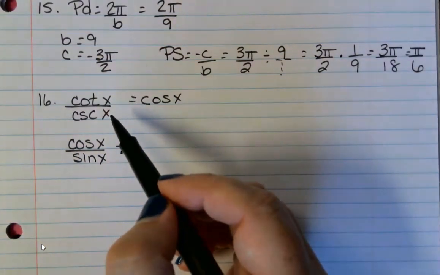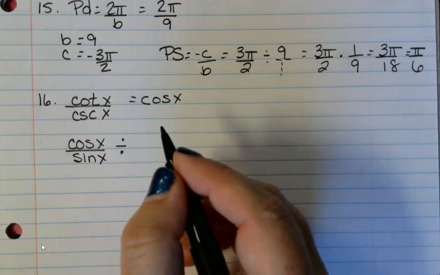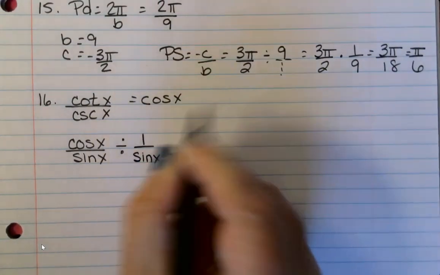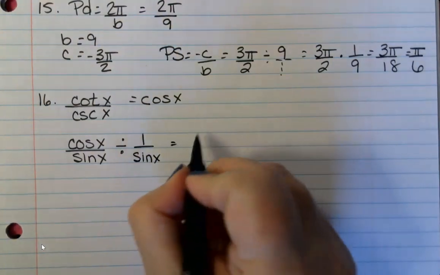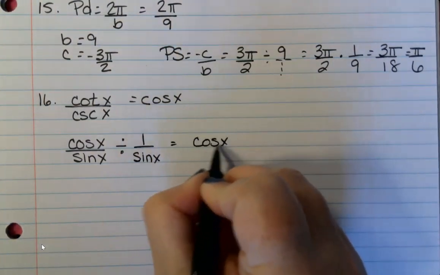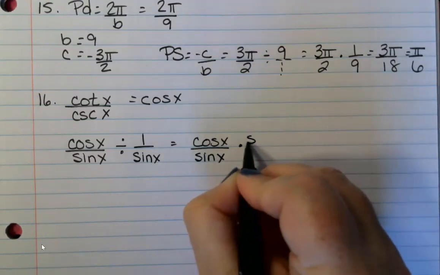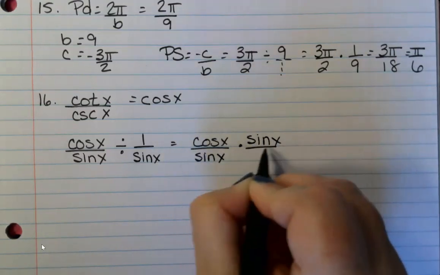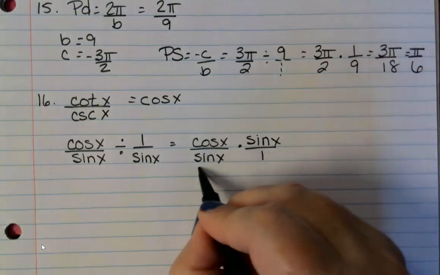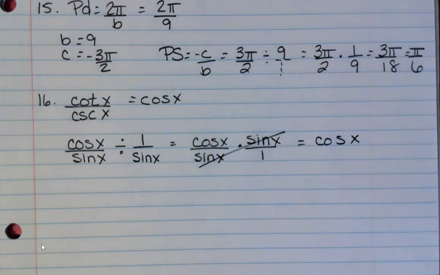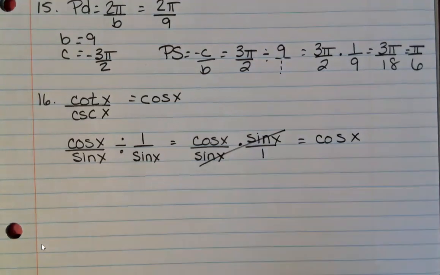Cosecant is going to be in terms of sine, 1 over sine. Keep, change, and flip. And notice here, I'm left with cosine and we're done. Okay, nothing crazy.